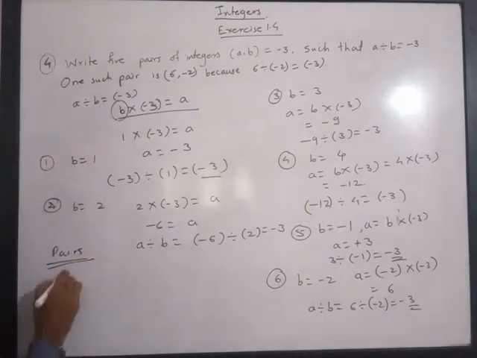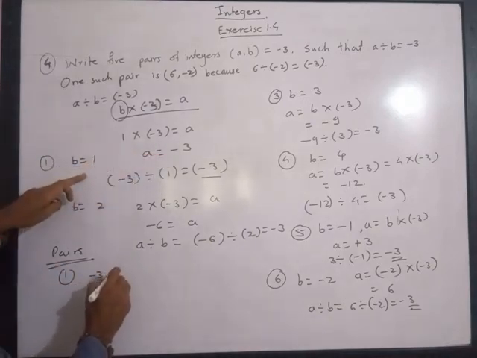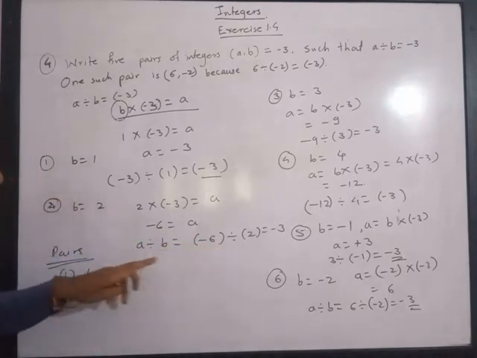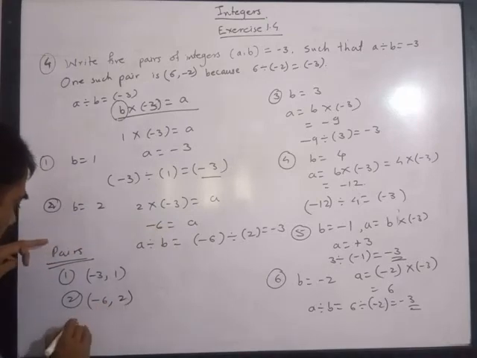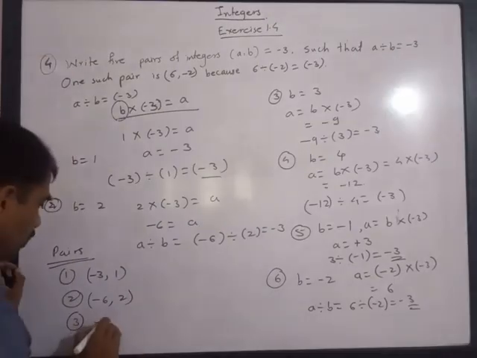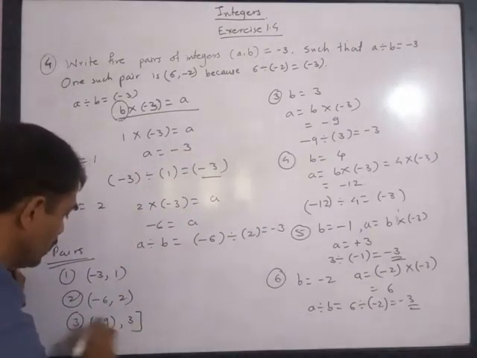Five pairs were asked. I am writing here: first pair, a is negative 3 and b is 1. Second pair, a is negative 6 and b is 2. Third pair, a's value is negative 9 and b's value is 3.